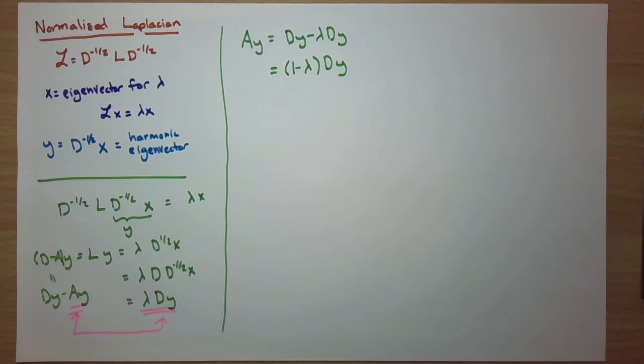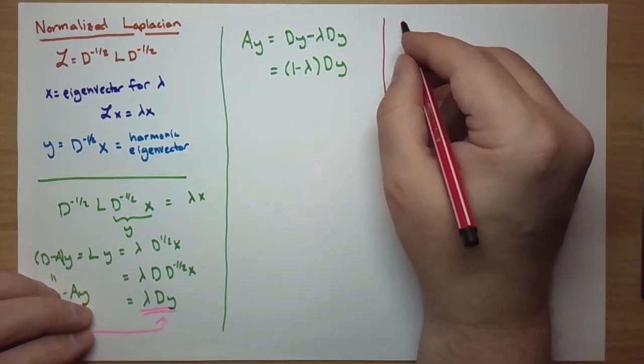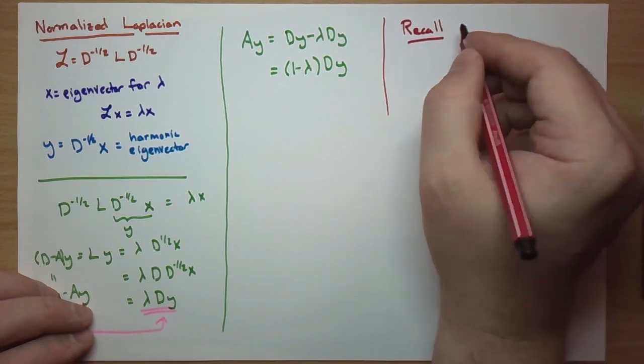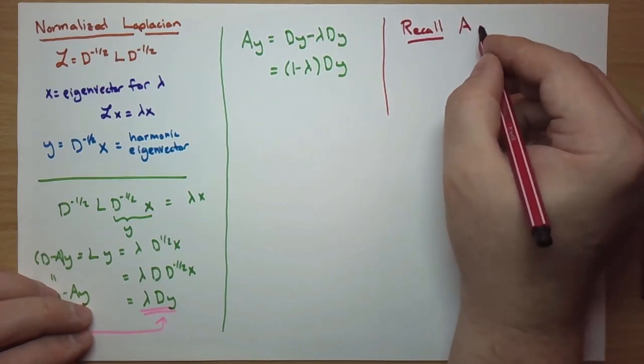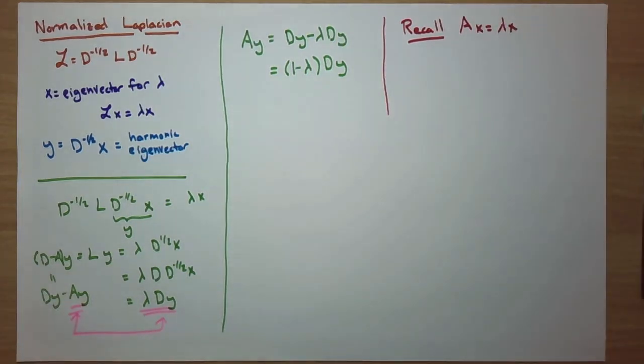Now, how to think about this? You might recall, a quick flashback. Let's talk about what it means to say Ax equals lambda x, where A was the adjacency matrix. There's a way to think about it in terms of the graph. We sometimes call this the adjacency operator, and we're asking what operation it's doing on the graph.